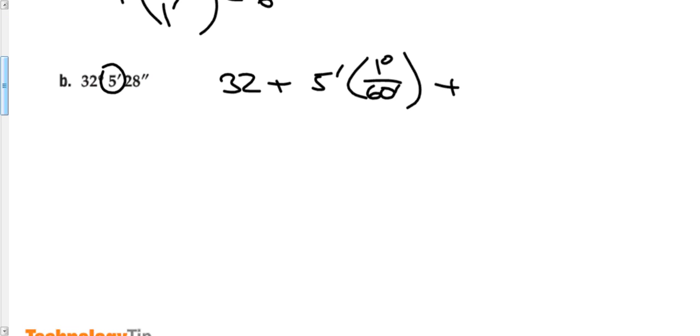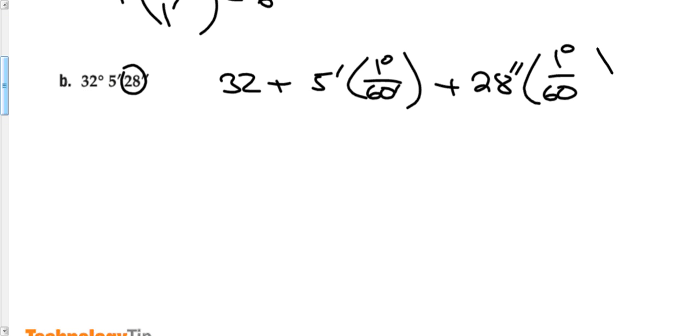And then I'm going to try to calculate the number of seconds in a degree. Now, don't do this. This is not 28 times 1 over 60 again, because this is 28 seconds, and I want to change it to degrees.